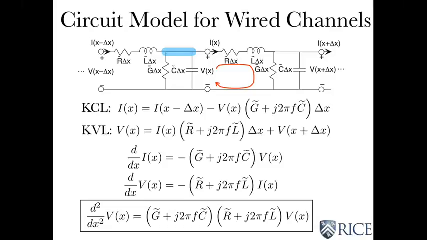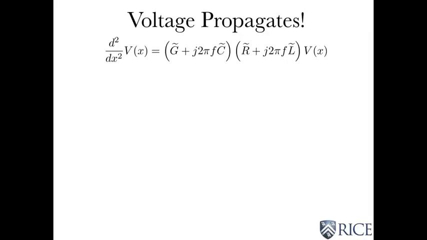It turns out to be a very simple differential equation, where the second derivative of the voltage is related to the voltage times a frequency-dependent constant. It does not depend on x, that's why it's considered a constant, but it is frequency dependent. We'll see how that works out in just a second.